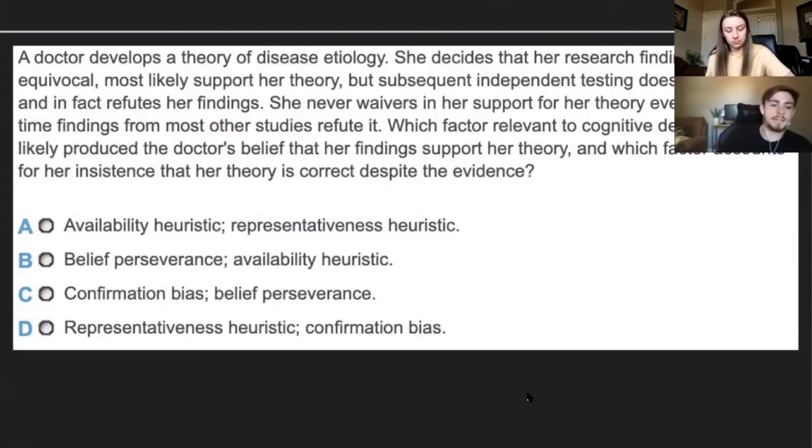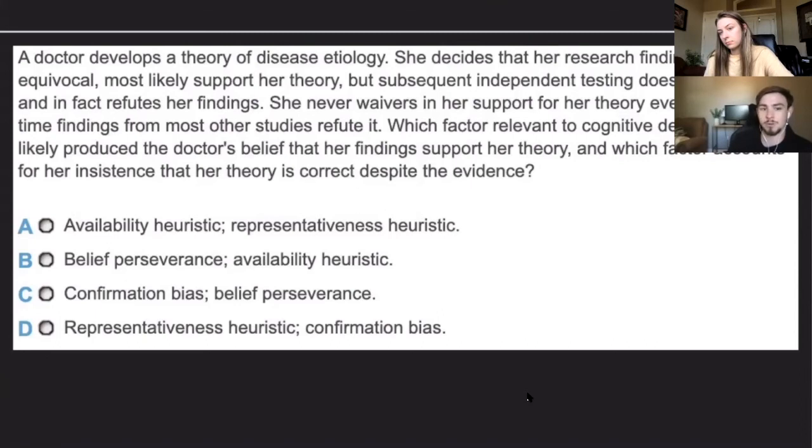So A says availability heuristic. So my first question is, could the availability heuristic produce the doctor's belief that her findings support her theory? Availability heuristic is more about the speed of process.